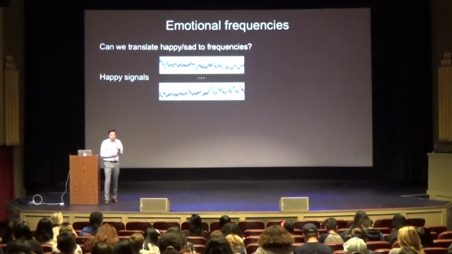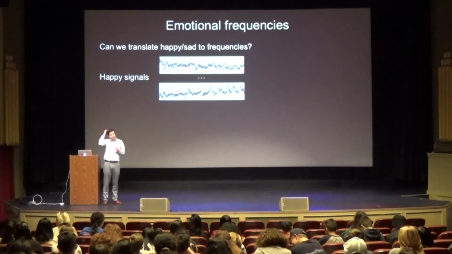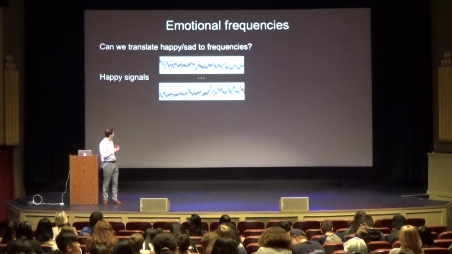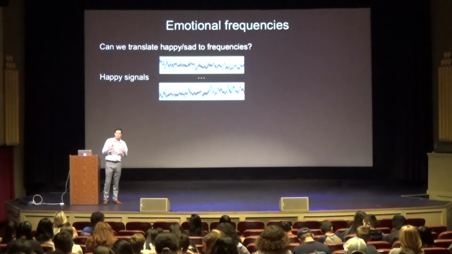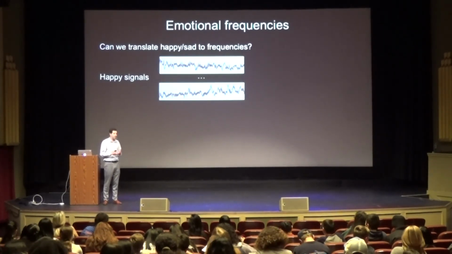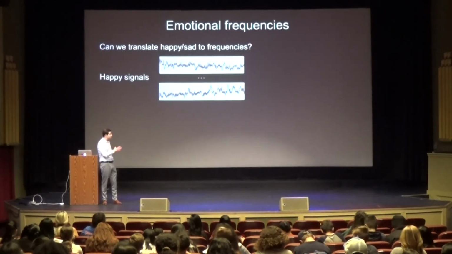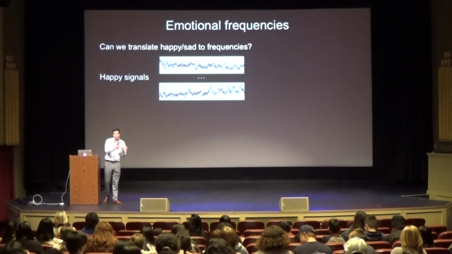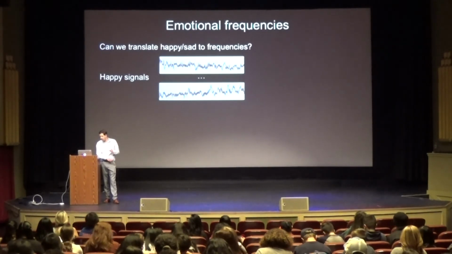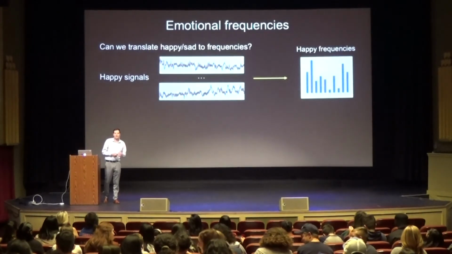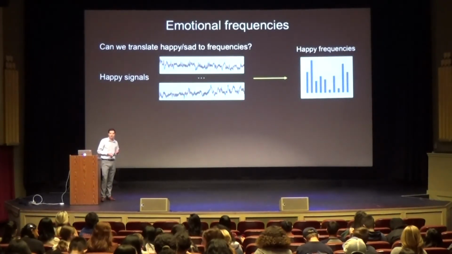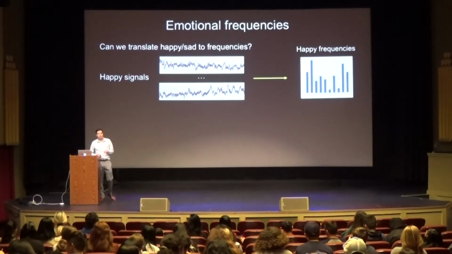So what we'll do is we'll use the video camera to extract those times when a patient is exhibiting a positive emotional affect, being happy, and then we'll take the signals that have occurred during those happy times, and we'll compute the frequencies.